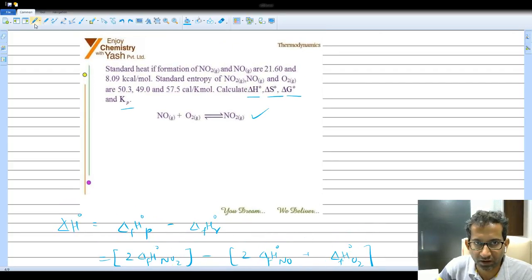Just to correct the values, you should correct these as NO, and this value is NO2.